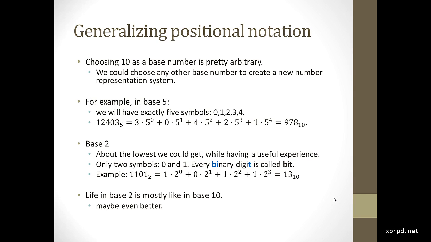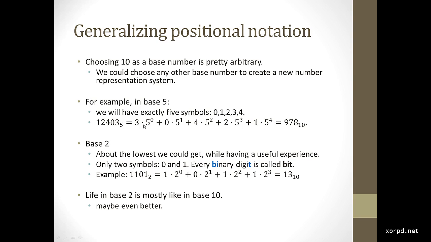As an example, in base 5 we only have 5 symbols: 0, 1, 2, 3, 4. As an example, this number, 12403 in base 5, this is how we note base 5, equals 3 times 5 to the power of 0 plus 0 times 5 to the power of 1 plus 4 times 5 to the power of 2 plus 2 times 5 to the power of 3 plus 1 times 5 to the power of 4, which eventually equals this number.